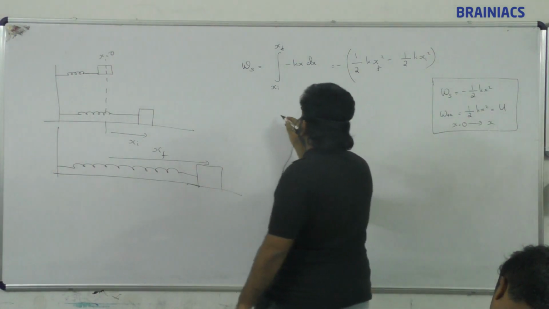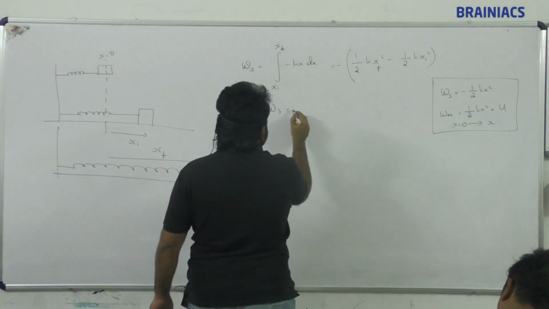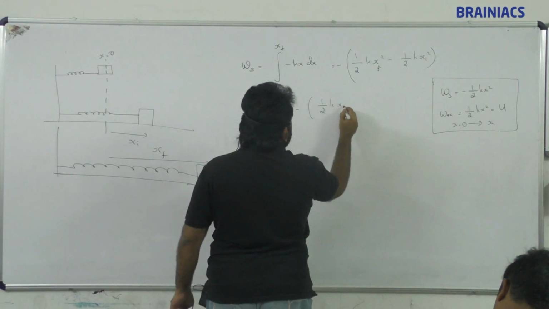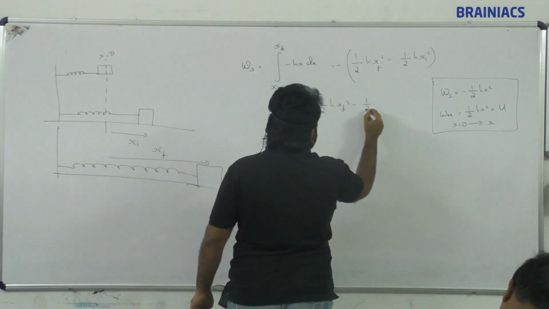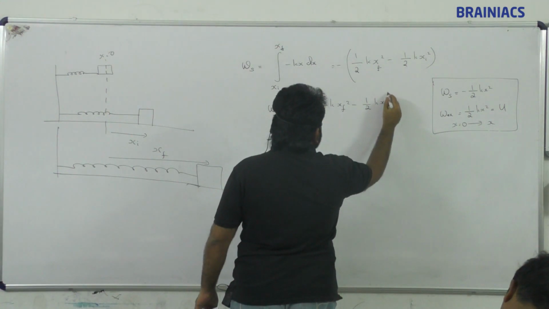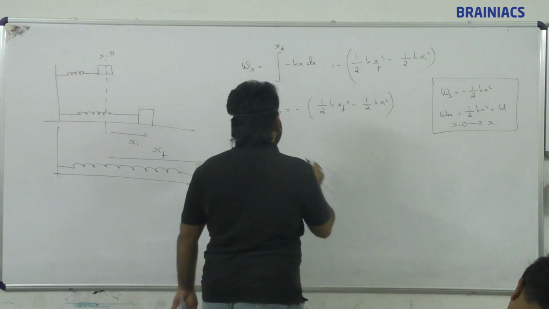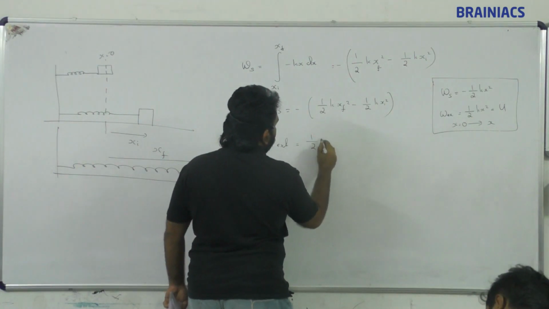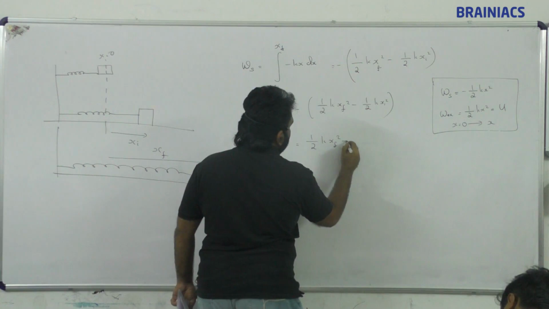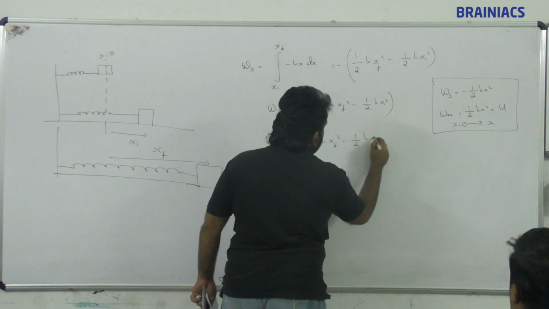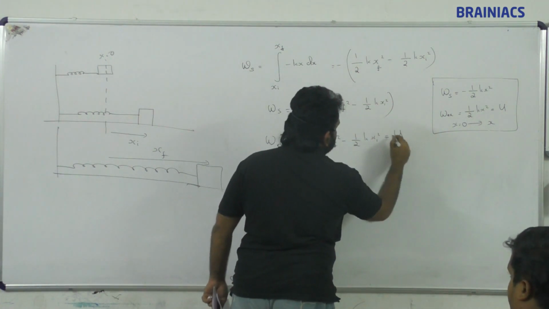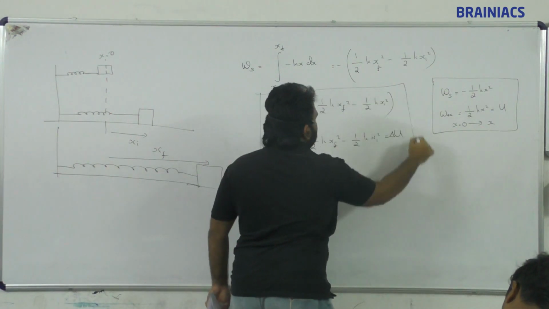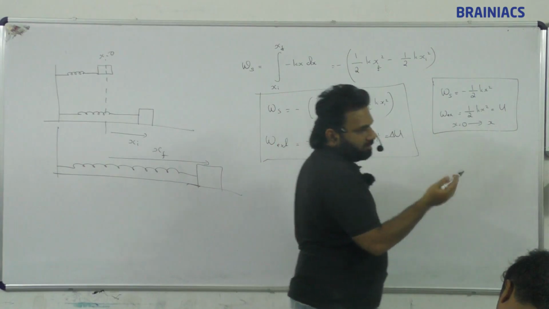In this case, work done by spring force is minus half k xf square plus half k xi square. If work by external force is asked, this is nothing but half k xf square minus half k xi square. This is the same as the change in potential energy. Okay, so these two things they will ask.